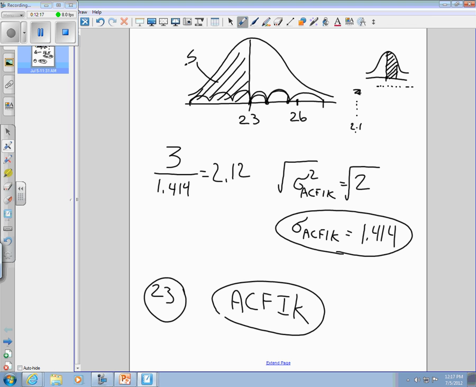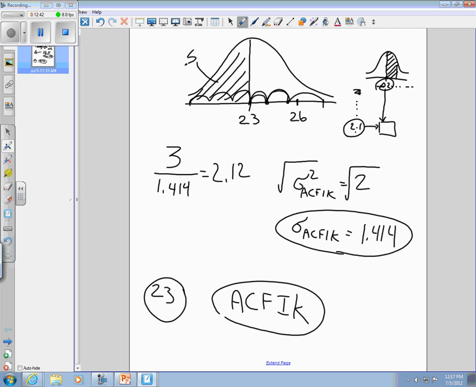So we're looking for 0.02. That'll be about right here. So that's 2.1, the row heading, 0.02, the column heading, and we're going to look at the intersection of that.